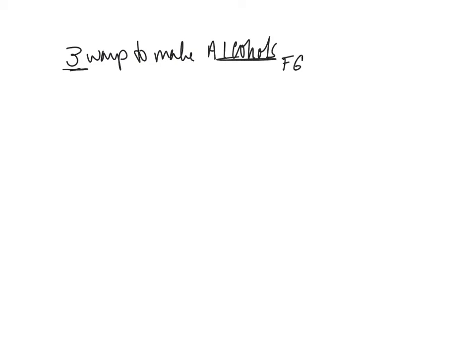Okay, I also wanted to tell you a way to organize your thinking for these reactions. I think you need to think of three ways to make an alcohol. Sometimes if you put numbers with it and group them, you always have to group them with your functional group products.